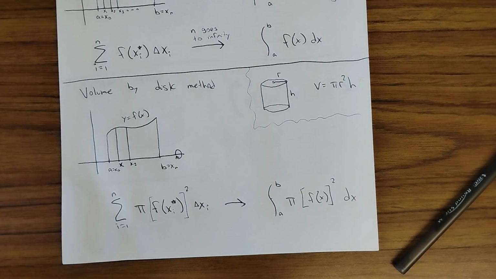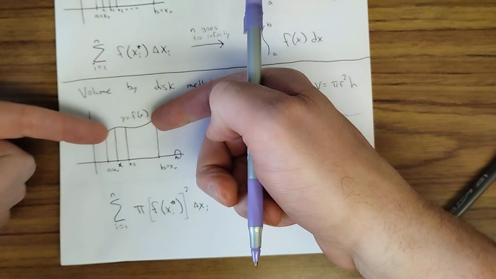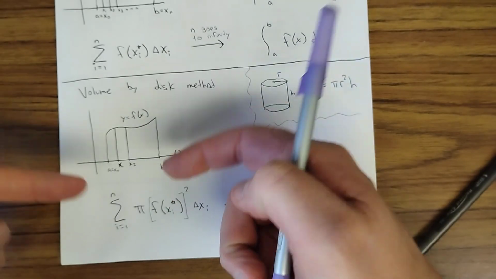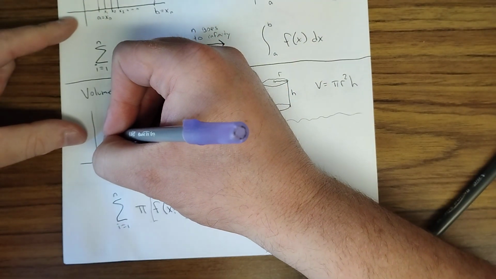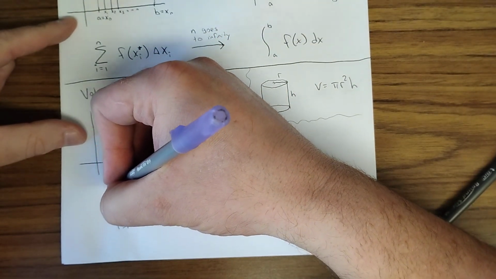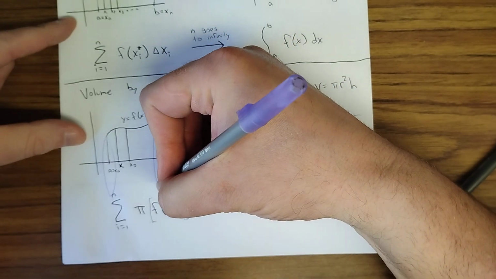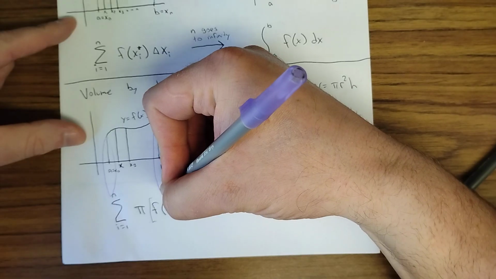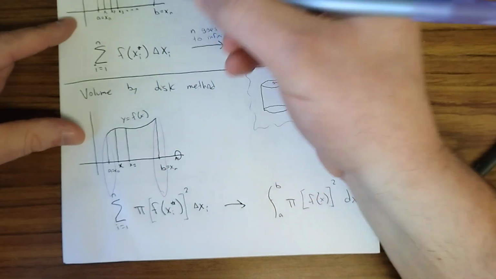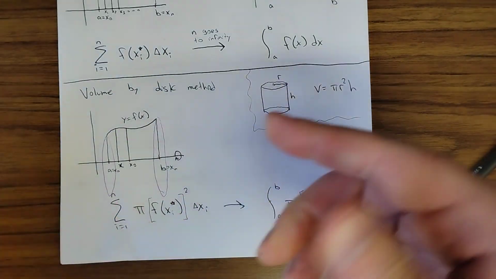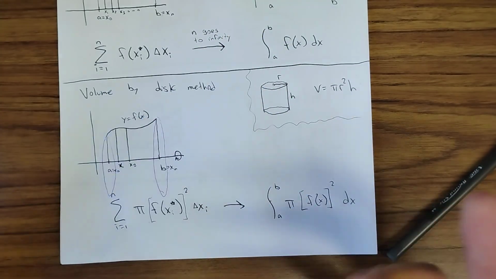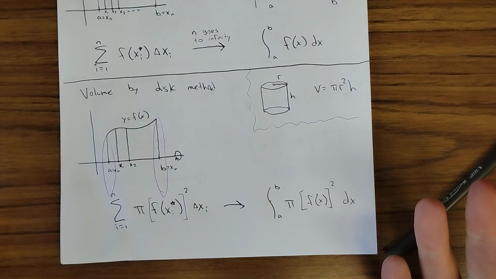I am not a great three-dimensional artist, so bear with me, but imagine spinning it around this. It makes a three-dimensional shape, and we're going to find the volume of that shape.